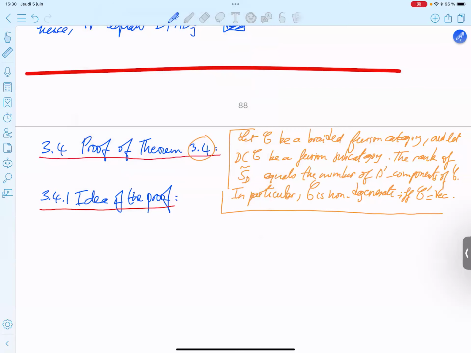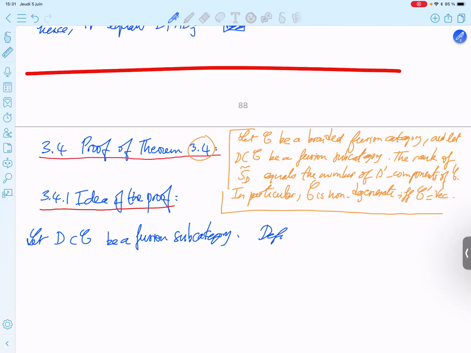You take a fusion subcategory D. You define an inner product on functions f, g from the set of simple objects of D up to isomorphism to the field.